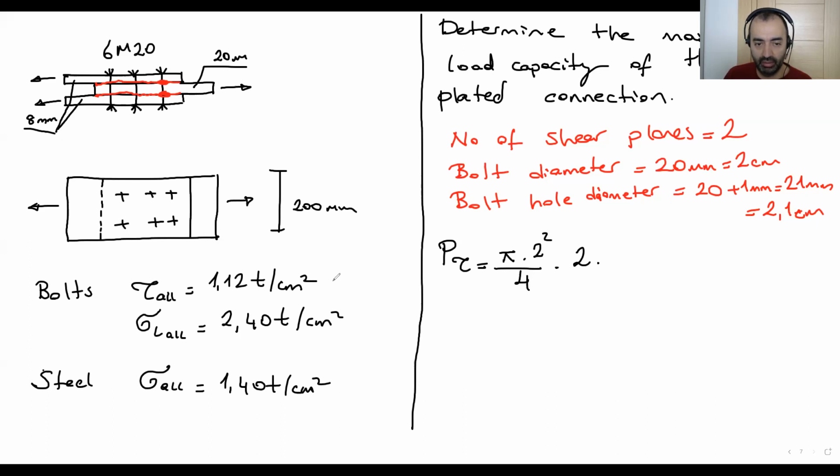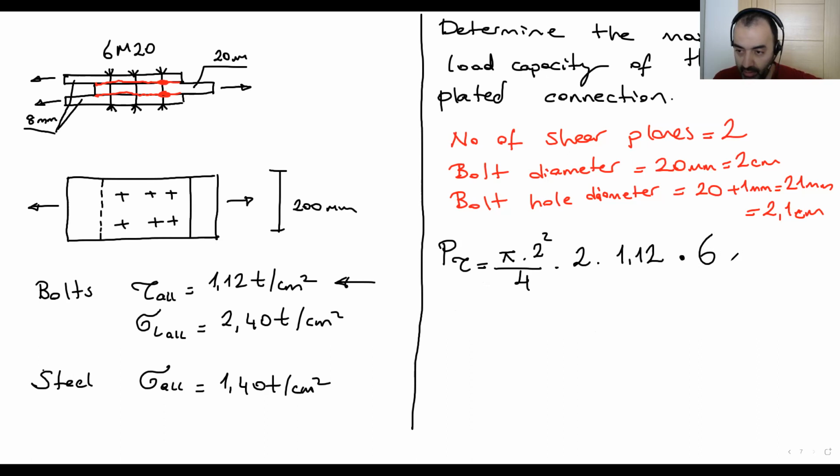The allowable stress for shear is 1.12 ton per square centimeter. Now we have the capacity of one bolt. But what's the question? The total capacity of this. We can multiply by 6 here, the number of bolts.